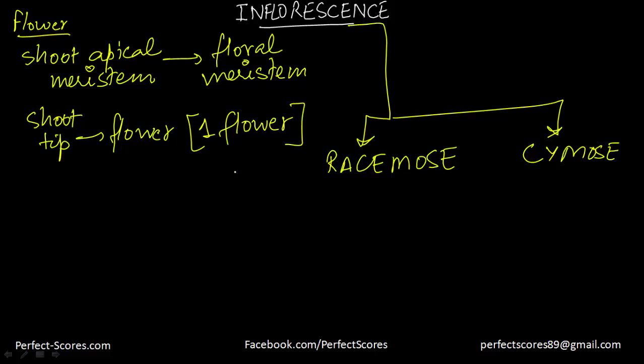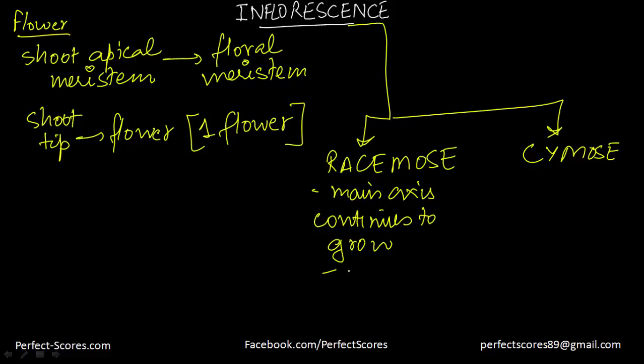In racemose, the main axis continues to grow, and the flowers are borne laterally in an acropetal succession. But in cymose, the main axis terminates in a flower.